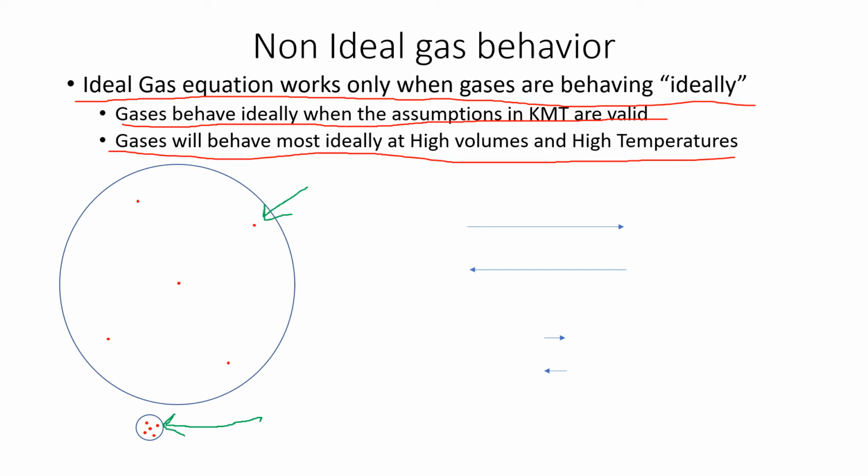It spaces the particles out more. The other assumption that we made is we didn't have to worry about attractive forces. Well, attractive forces are there. Remember, kinetic molecular theory ignores them to give you a simpler view. Well, when are you going to have an easier time ignoring the attractive forces? When they're separated by a big space like you see in the top.